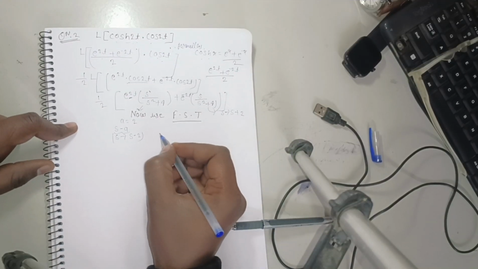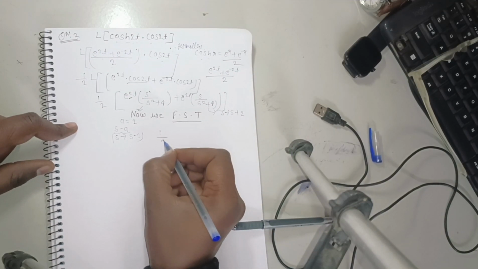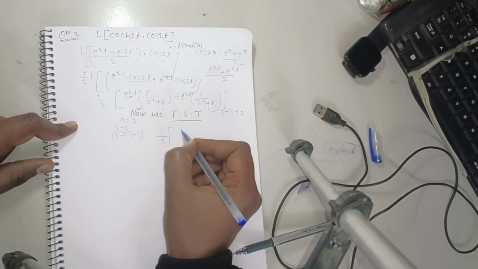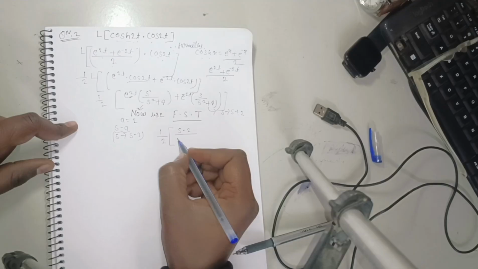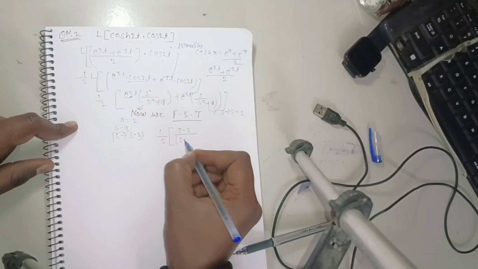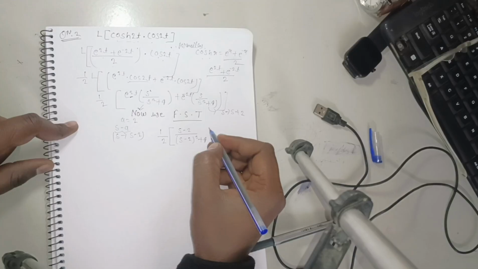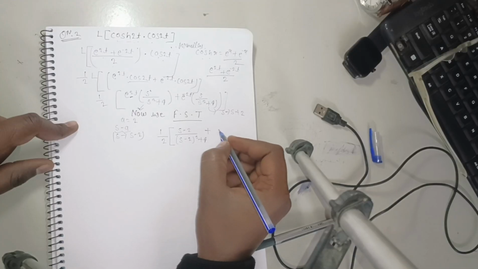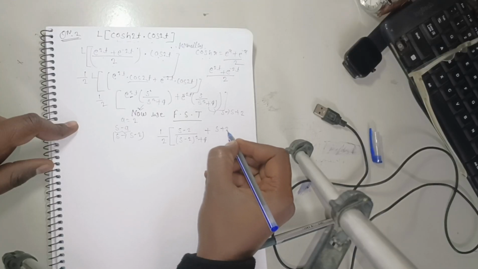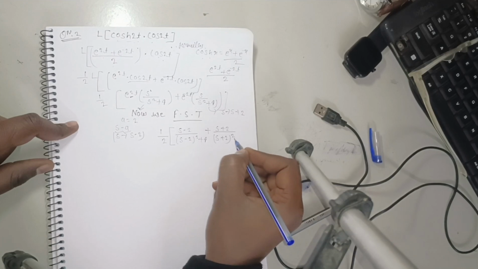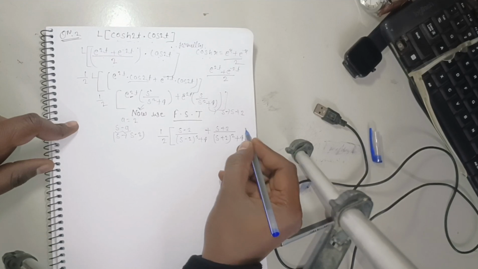So 1 upon 2 outside. So here we get s minus 2 upon s minus 2 square plus 4 plus s plus 2 upon s plus 2 square plus 4.